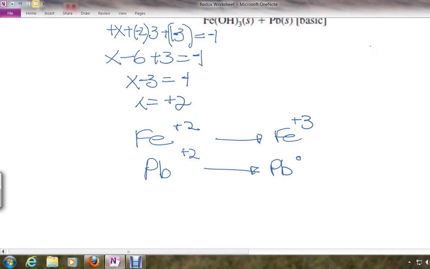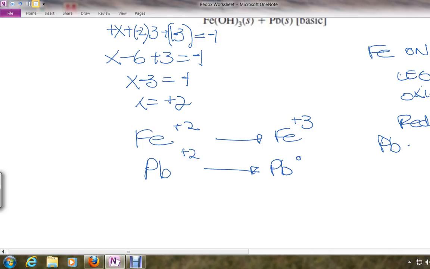So the iron oxidation number is going up, it's losing electrons, so it's being oxidized, LEO. It's the reducing agent. I can do it directly, but I'm doing it because of you guys, so that way you practice and practice. Pb is going. Let's finish with the electrons.